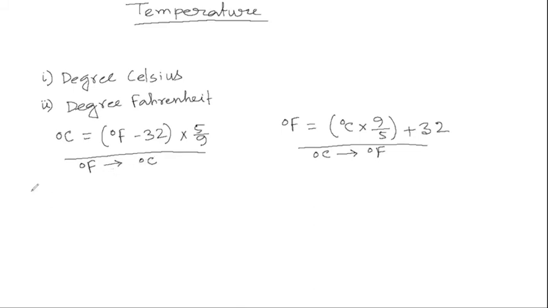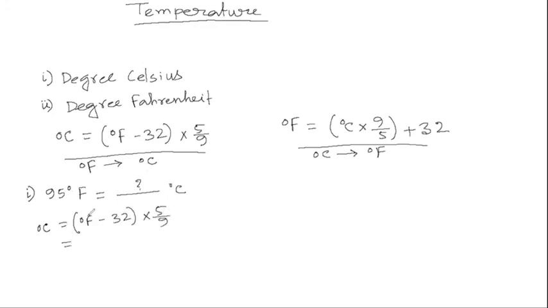Here I am giving examples of how to convert temperature. Example number 1: suppose you are given a temperature of 95 degree Fahrenheit. How do you convert it into the Celsius scale? We use the first formula. Degree C equals (degree F minus 32) into 5 by 9.